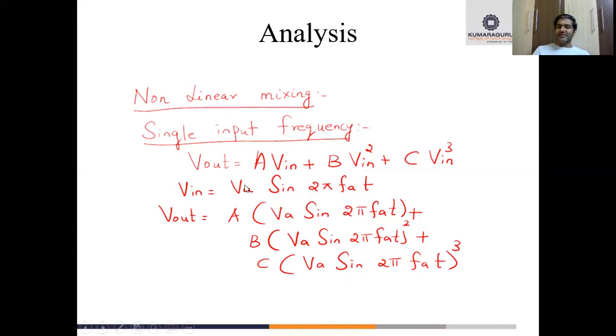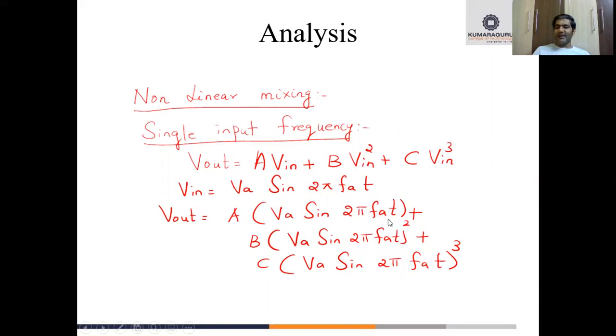So what is V out? A times V in plus B times V in the whole square plus C times V in the whole cube. So A times VA sine 2 pi FAT plus B times VA sine 2 pi FAT the whole square plus C times VA sine 2 pi FAT the whole cube. The observation is the output of a non-linear amplifier with a single input will have multiple components in your output.